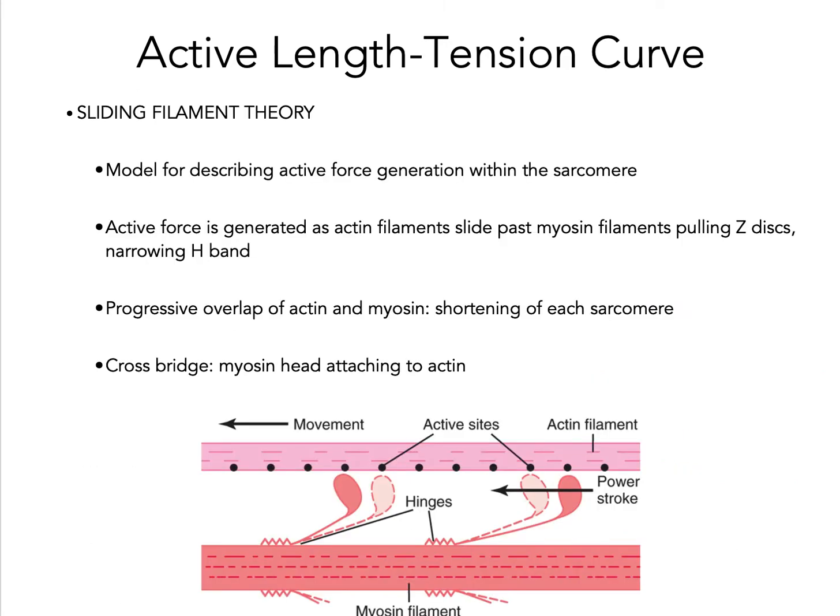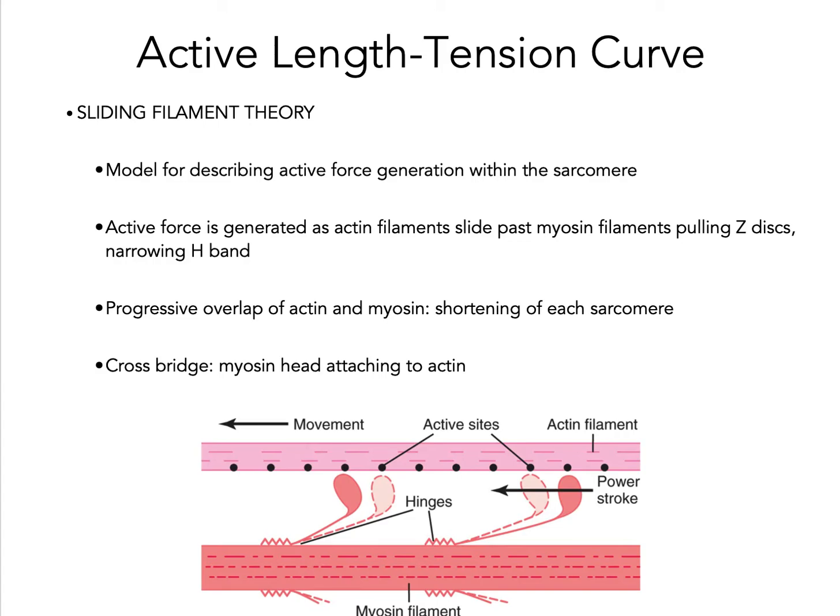So, sliding filament theory. It's a model for describing active force generation within a sarcomere. Active force is generated as actin filaments slide past myosin filaments, pulling in the Z discs and narrowing the H bands. Progressive overlap of actin and myosin creates shortening of each sarcomere.